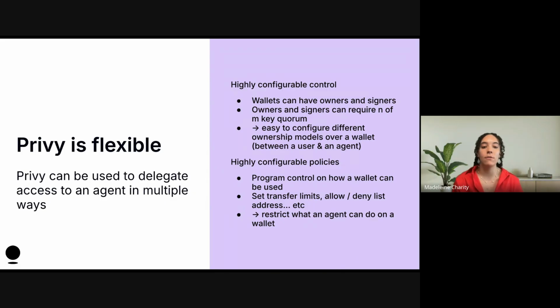You can also have all of these policies configured to a specific signer or an actor. And generally, this makes it really easy to restrict what an agent can do and protect from the case where you give an agent a wallet and they totally drain all of the funds in the wallet. So Privy has a bunch of secure controls to protect around that.